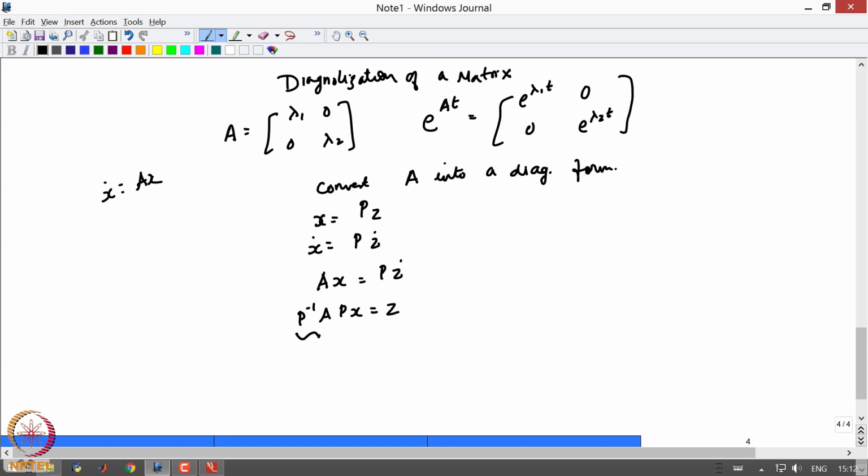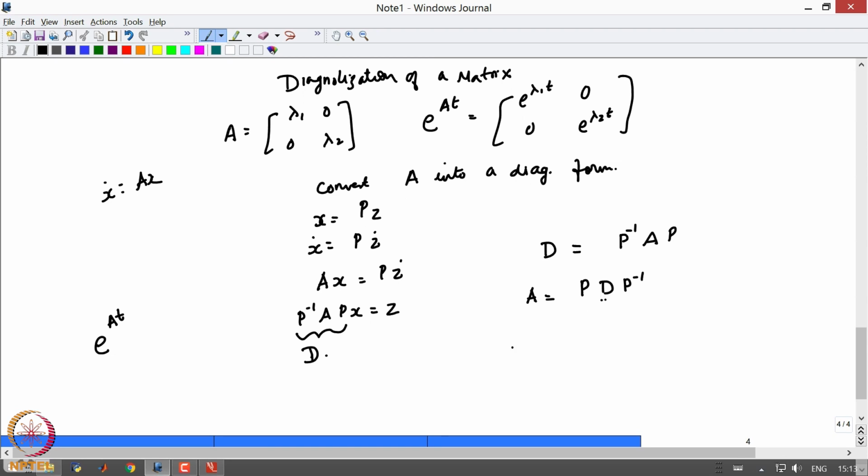Now, I know that I can convert this into a diagonal form. Okay. Now, let me call this D. This D is P inverse A P, and I wish to find what is e power A t. In other words, I can also write A as P D P inverse, where D is a diagonal matrix.